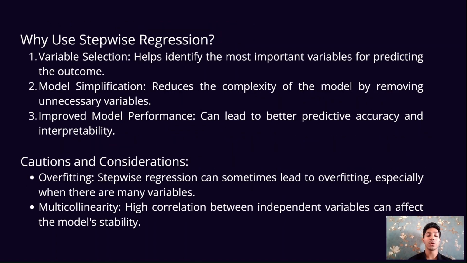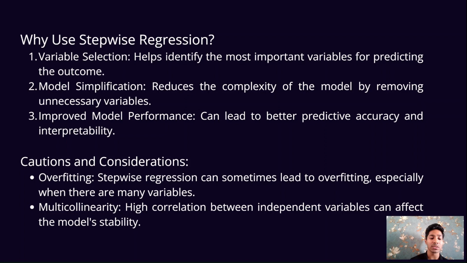So why should we use stepwise regression? There are several reasons for using it. First is variable selection. It helps identify the most important variables for predicting the outcome. Second, we have model simplification. It reduces the complexity of the model by removing unnecessary variables. Third is improved model performance, which means it can lead to better predictive accuracy and interpretability.